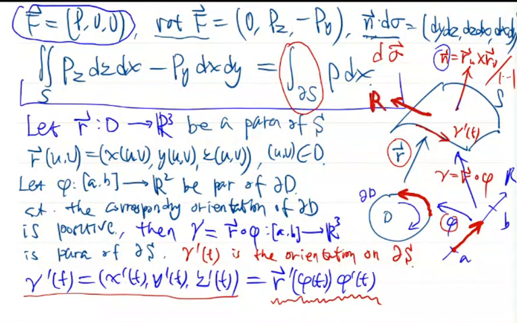Gamma is a map from the interval [A,B] to the surface, actually to the boundary of the surface, which is a subset of S. And P is defined on the surface S. Therefore, the composition is a function of T.